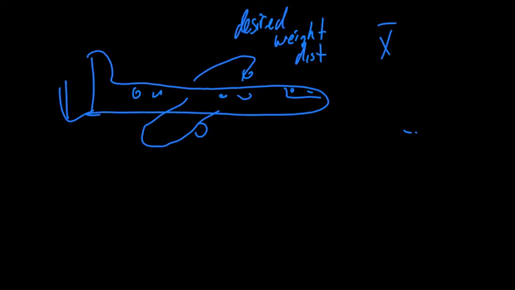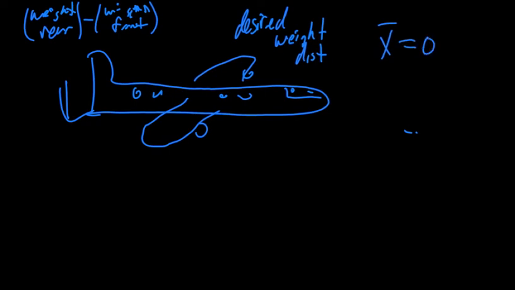And what I mean by that would be weight in rear minus weight in front. That would be your weight distribution. It's a very crude example. It's a lot more involved than that. And let's say that you want 0, and I know that's probably not true. I'm almost certain you want way more in the back. But anyway, let's just say it's 0 for argument's sake here.